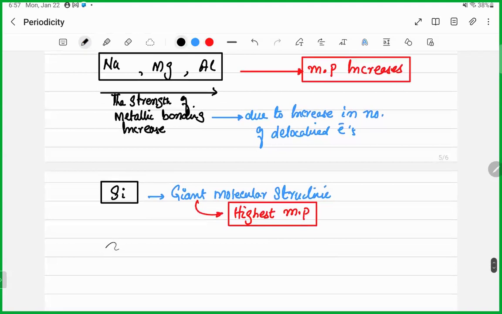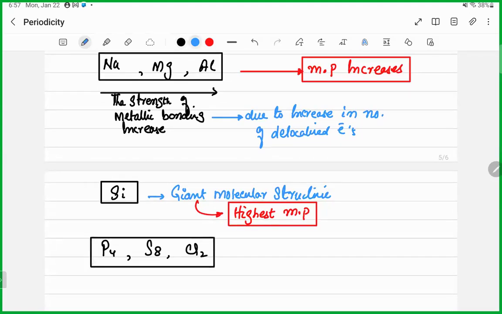Now next one, P4, S8 and Cl2. What is the structure? They all have simple molecular structure. ठीक है? In all simple molecular structures, melting point depends, किस पे डिपेंड करता है भाई?